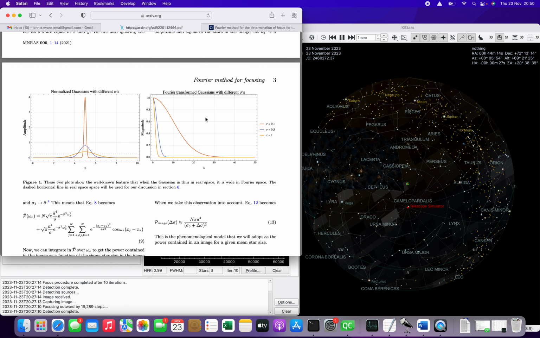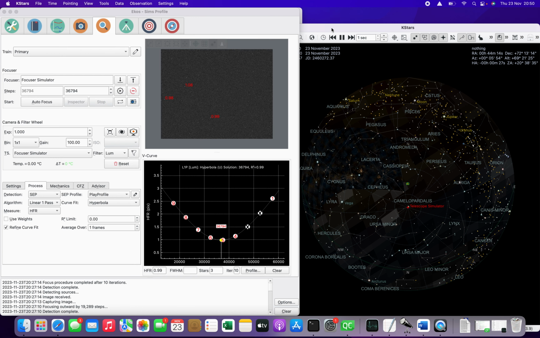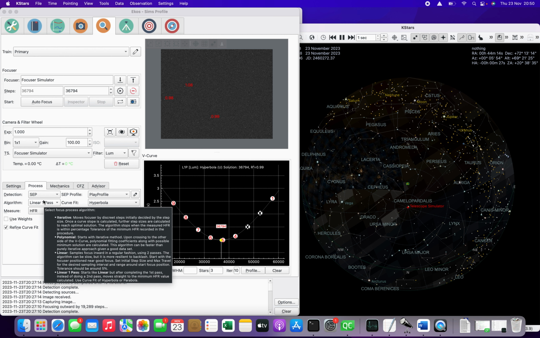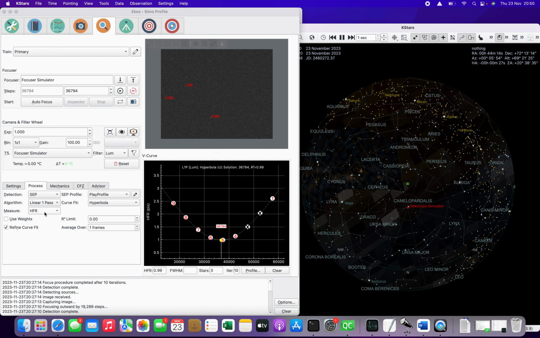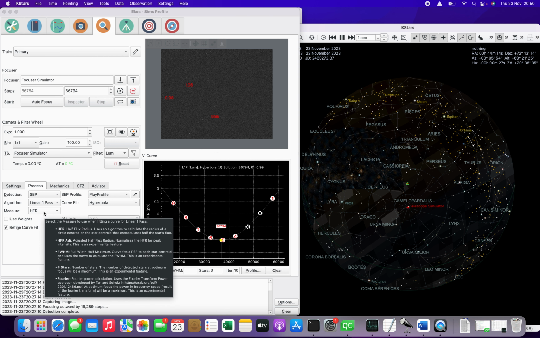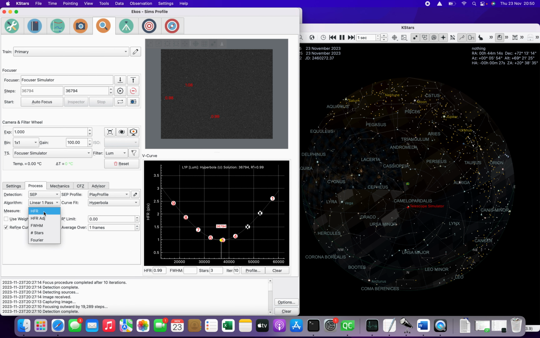So going back to KStars, the way you would run this in Ekos is you set everything up as you normally would if you're using, for instance, HFR, except you would go to the measure drop down and select Fourier.